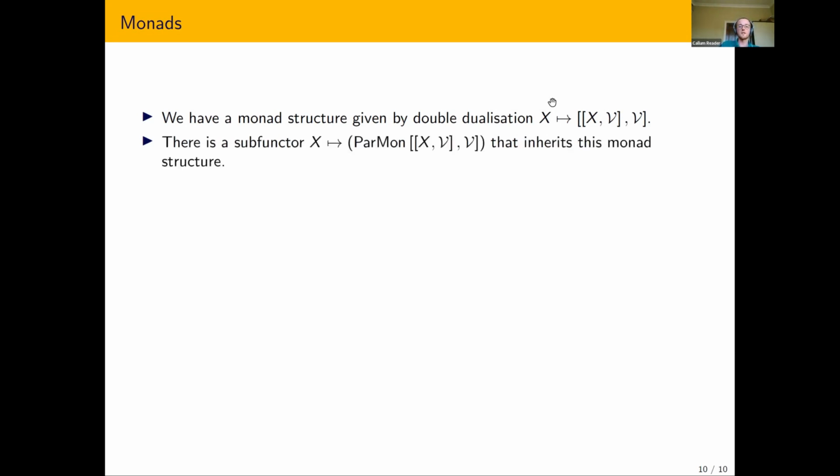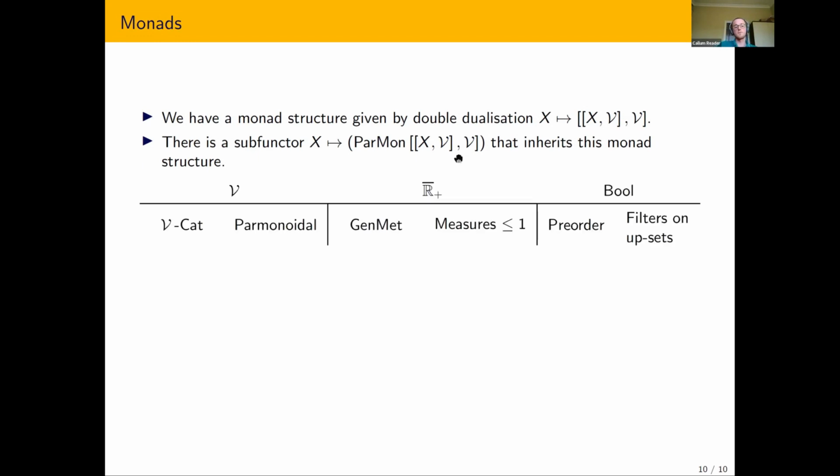But actually there's now a subfunctor taking you to the category of par monoidal double co-appreciatives, and this inherits the same monad structure. And so for some arbitrary V, on VCAT you have this par monoidal monad.